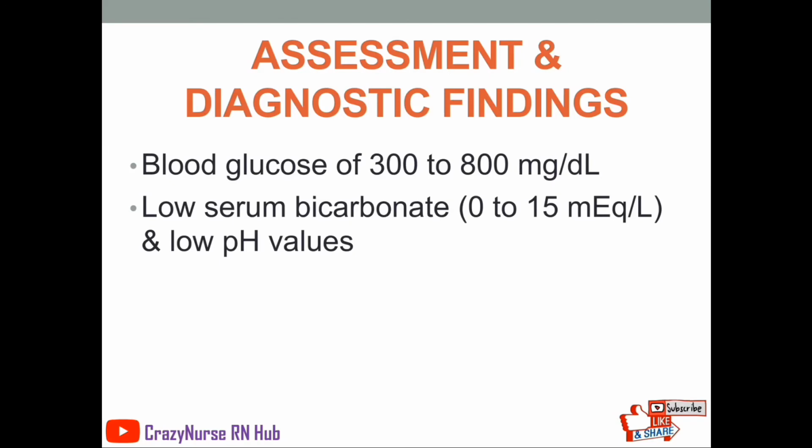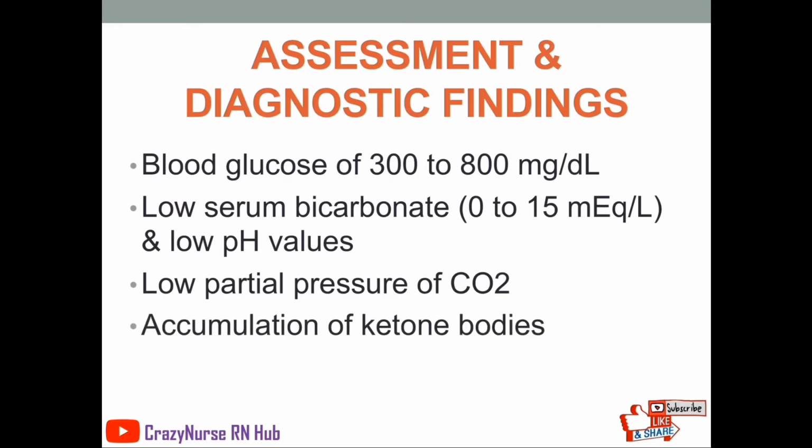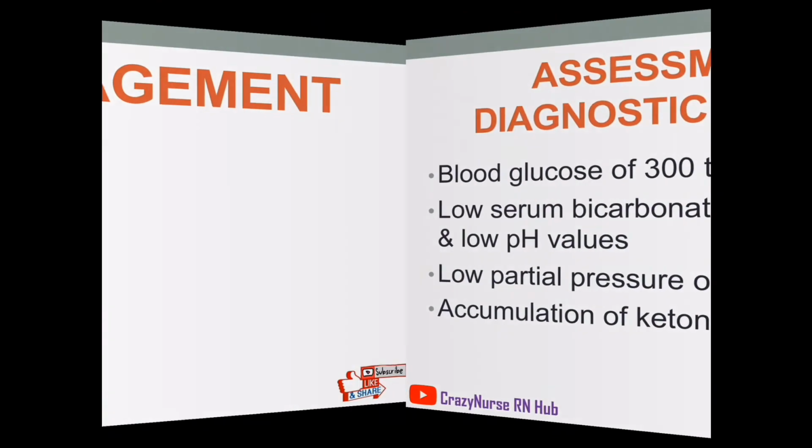Remember that ketone bodies are acidic in nature. We also have low partial pressure of carbon dioxide because of hyperventilation and Kussmaul's breathing or respiration. And of course, there is an accumulation of ketone bodies.